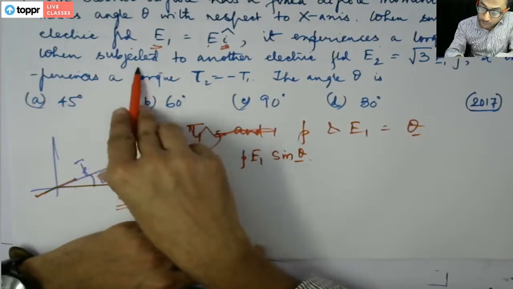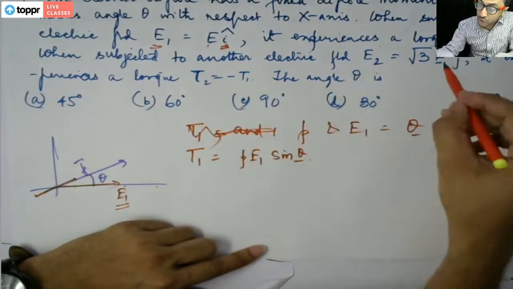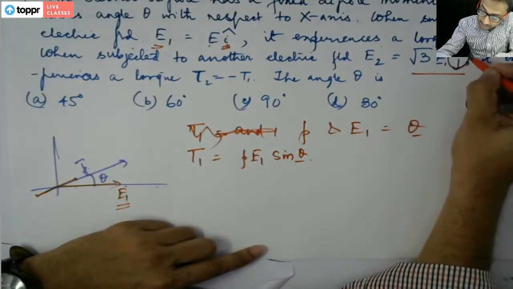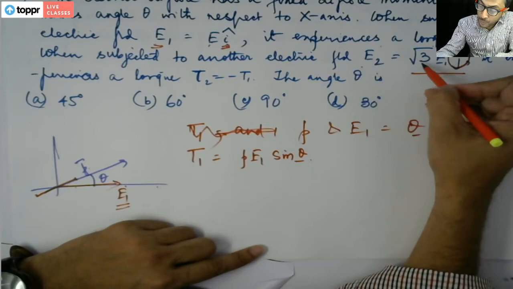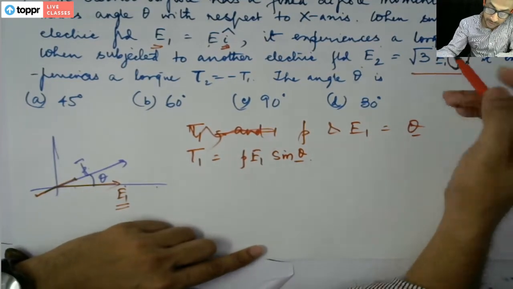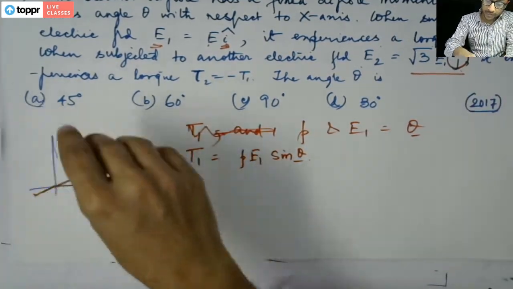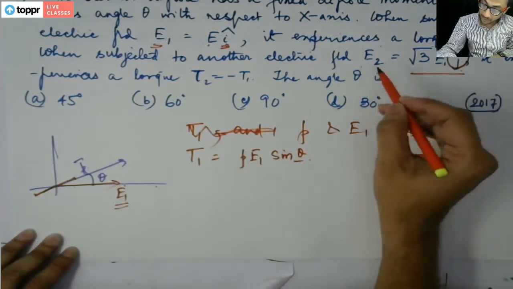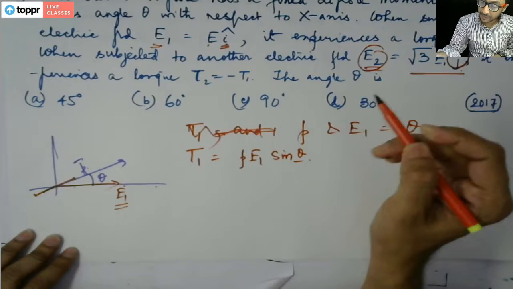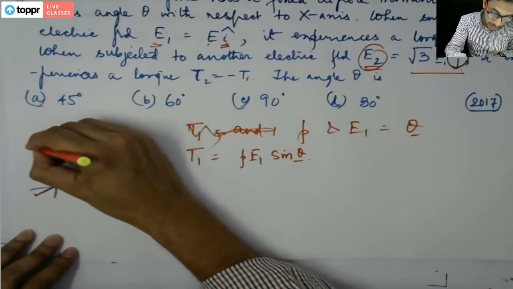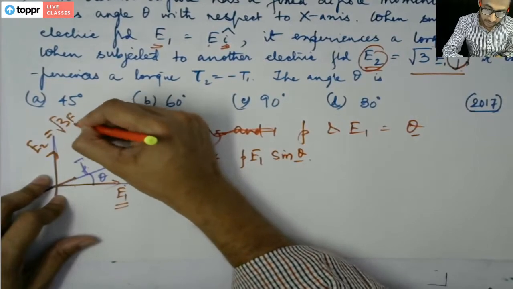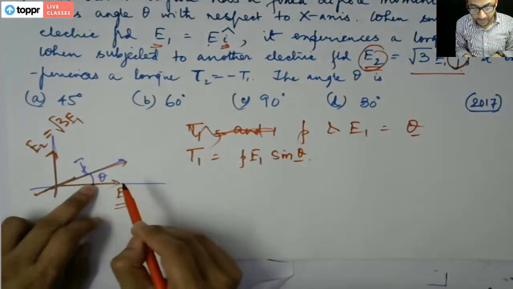Now when subjected to another electric field E2 equal to root 3 E1 J, here lies the crux. So what does this mean? This electric field E2 is directed towards the y-axis. The dipole is in this direction, theta.